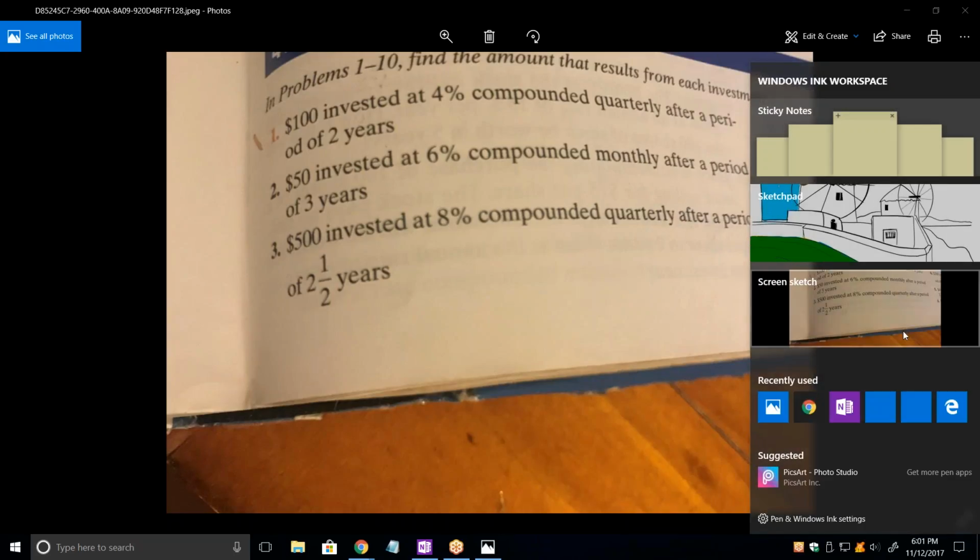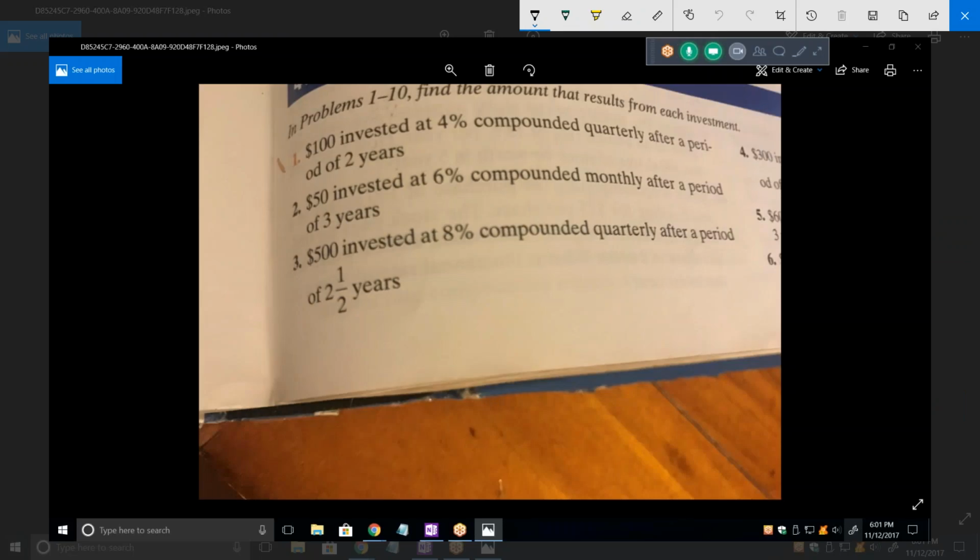All right, let's talk about the three general formulas for investing. Let's talk about them first. What's annual compounding? What's that formula?